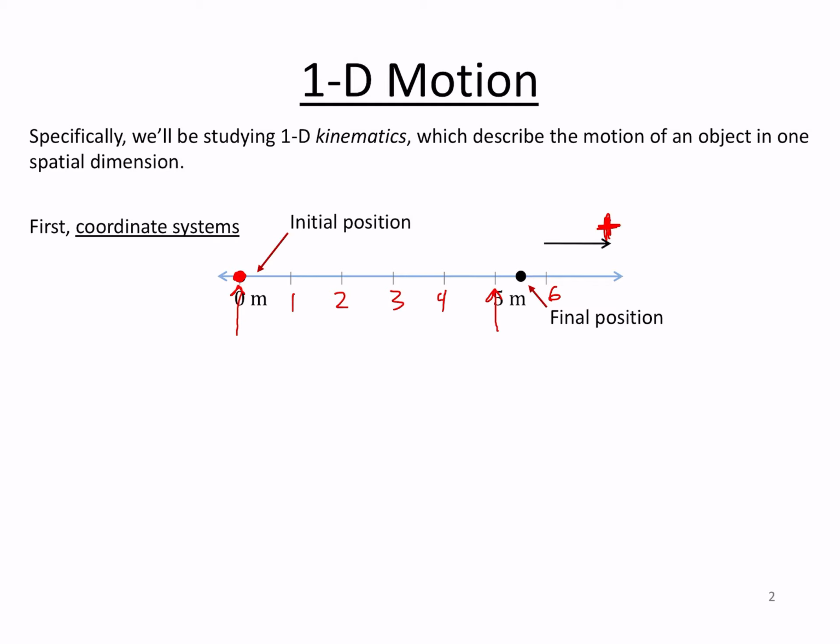And over some period of time, we're not specifying that, we have that object moving to about, well, what does that look like on our coordinate system? About 5.5 meters, okay? So, what does that tell us? Okay, well, obviously it tells us the position at each one of those times.